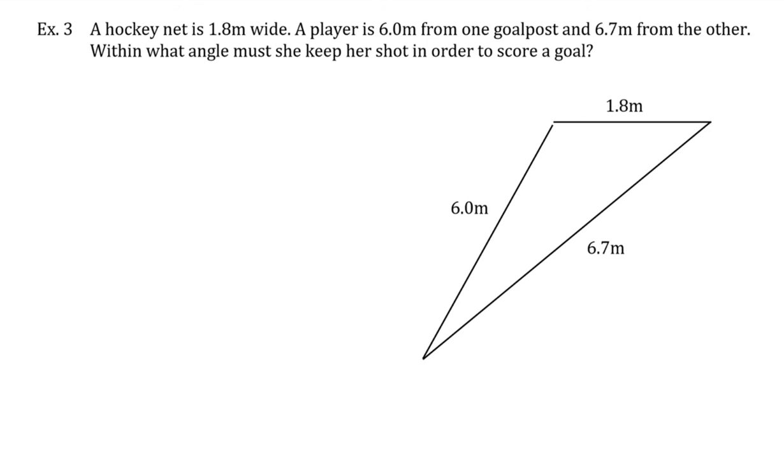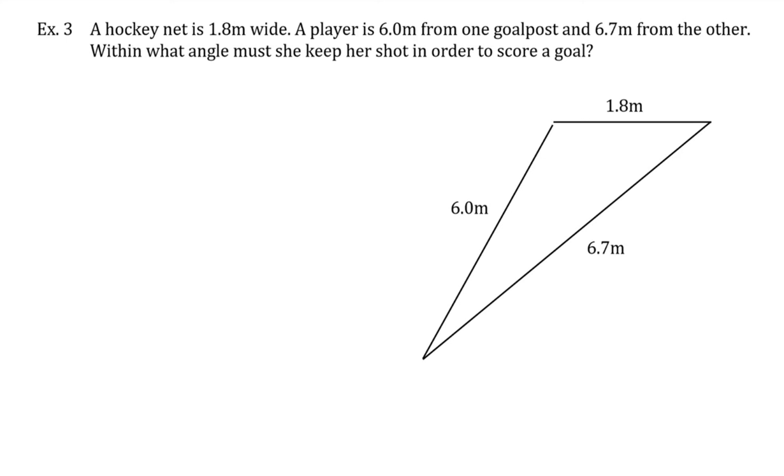So I don't know that anybody would actually do this, but what's actually interesting to me, and I've played sports my whole life and never thought about anything like this, is a pretty realistic situation where you might be a few meters out and you're shooting at a net, and we're going to realize how small an angle you actually have to shoot within. And of course it's even smaller than that because you also have to probably shoot past the goalie or past the keeper.